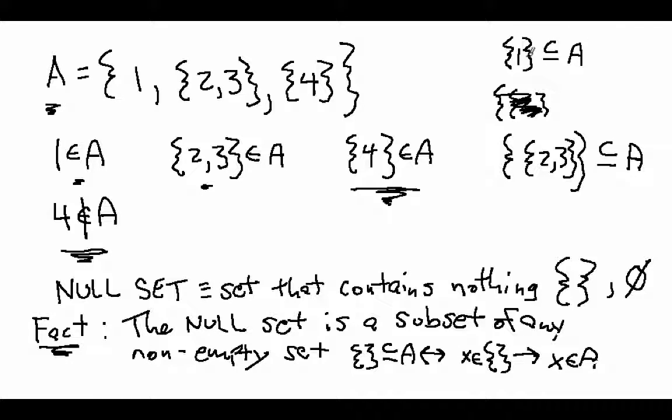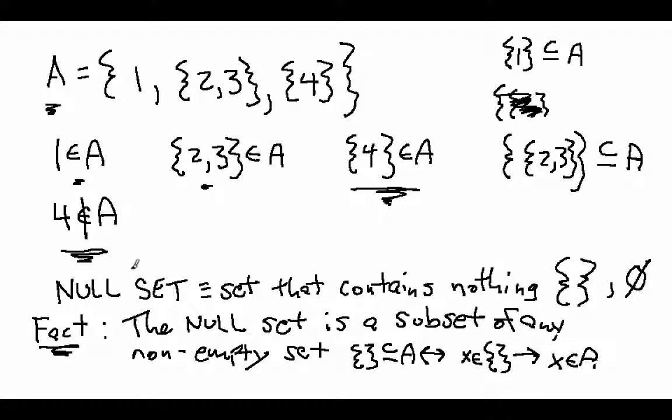Well, if X is in this, the only thing it can be is the integer 1, and X is in A. It's right over there, okay? Likewise, we note that the set consisting of the set {2, 3} is a subset of A, okay? Again, the set containing the elements 2 and 3 is an element of A, so this is a subset of A.